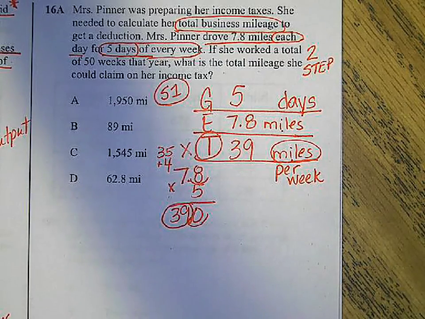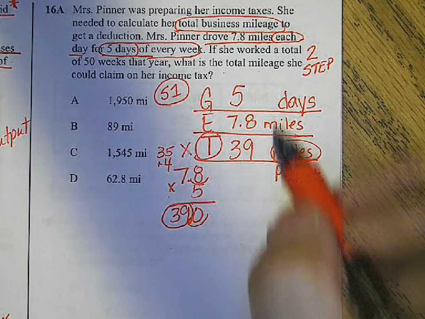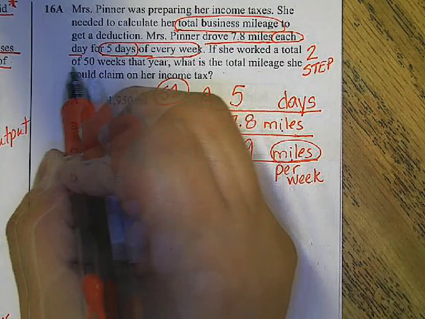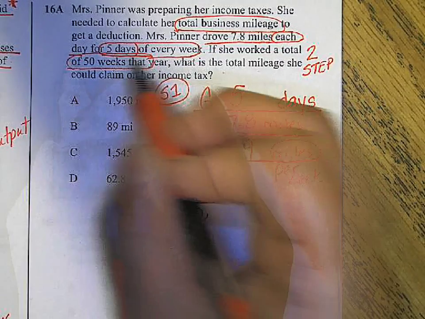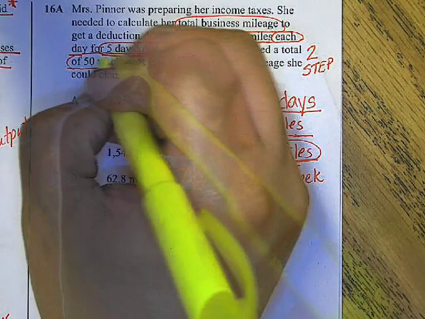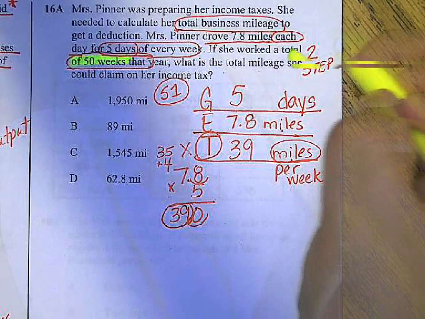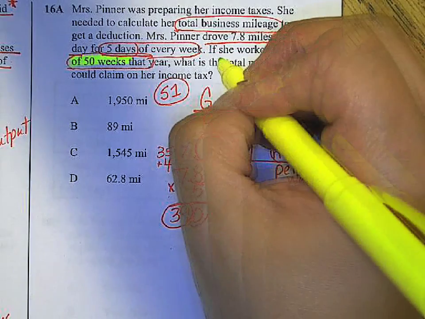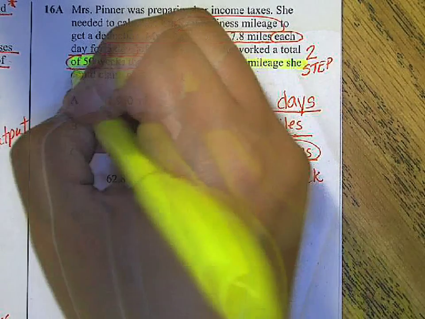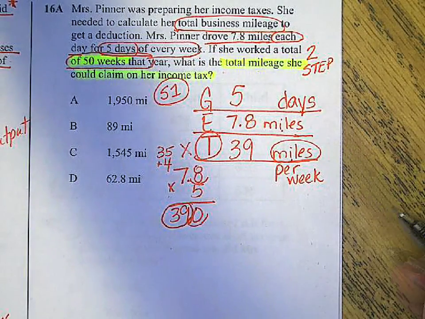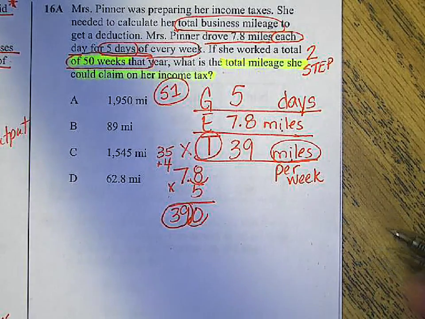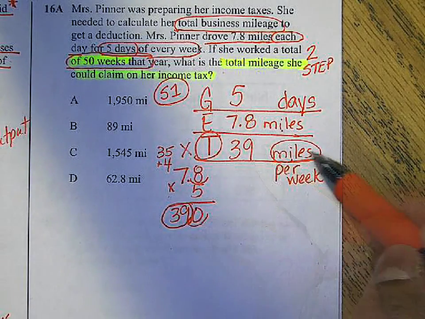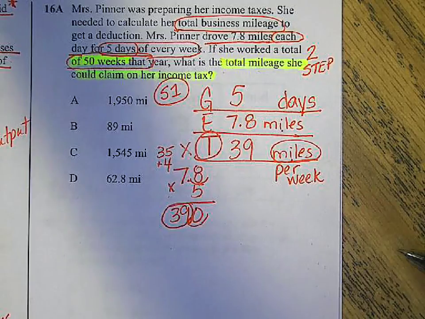Now let's work on the second part of the question, which says, if she worked a total of 50 weeks that year, what is the total mileage she could claim on her income tax? Okay, so now we have our total miles per week.